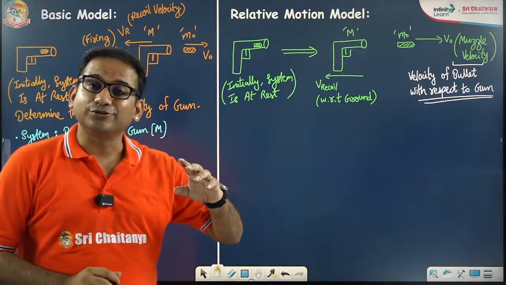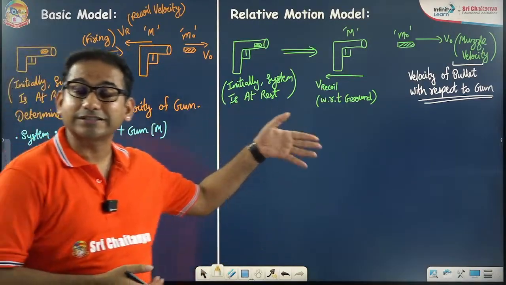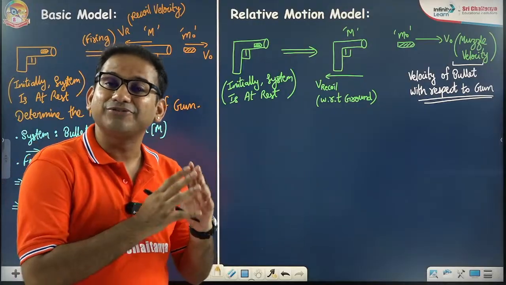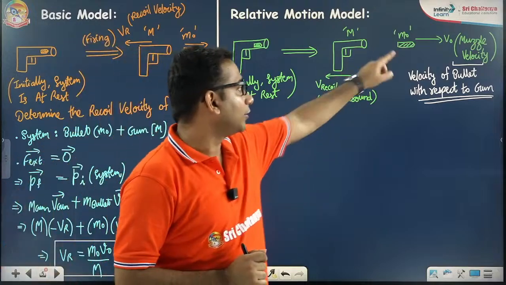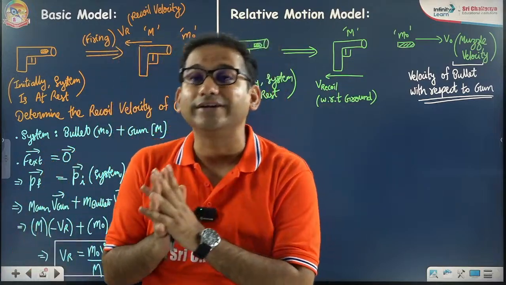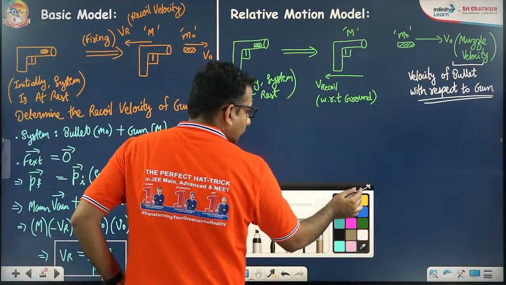You still want to apply the conservation of linear momentum because the external force acting on the system is 0. You still want to apply it with respect to ground, but the velocity given to you over there is velocity with respect to gun. All right. So let me write it here. How to solve it?